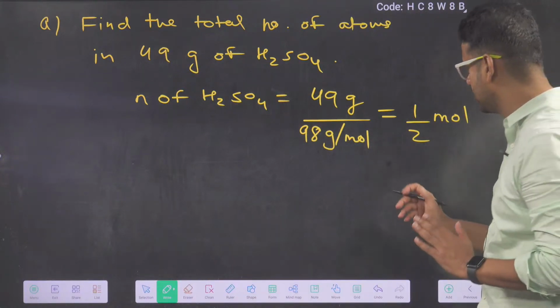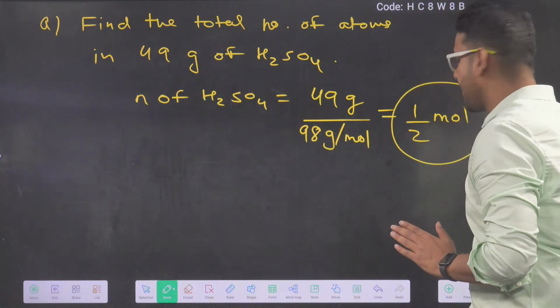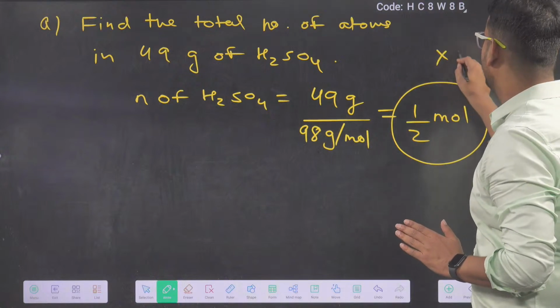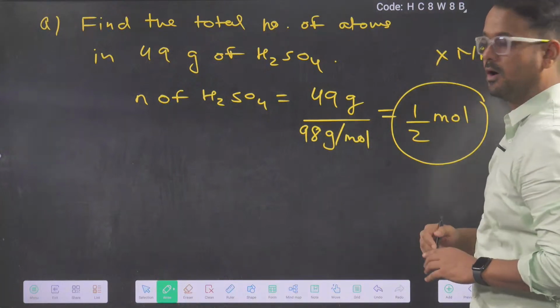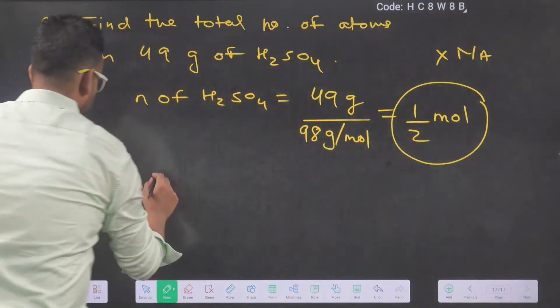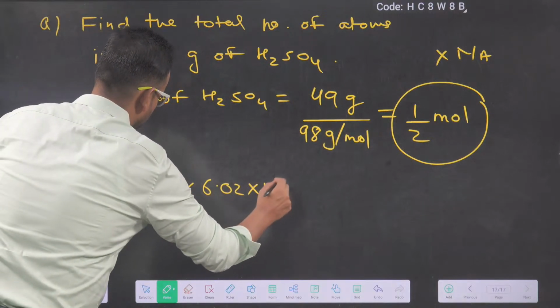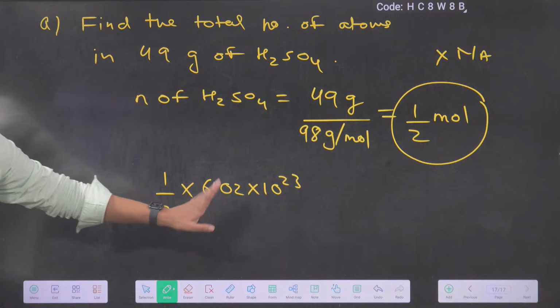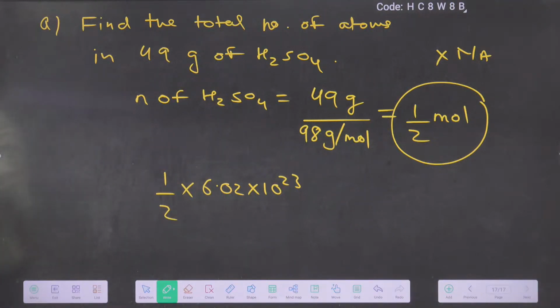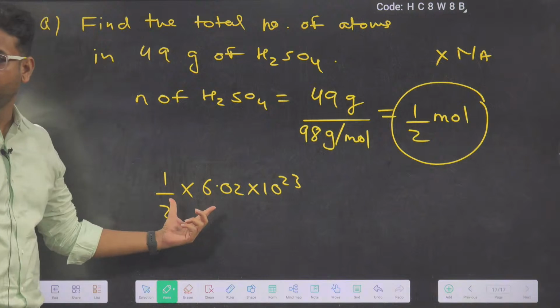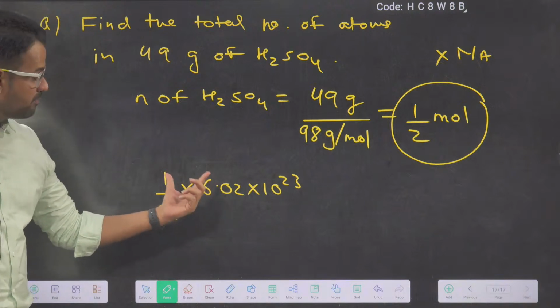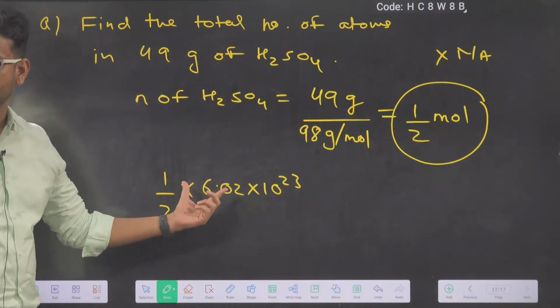Okay. Now, this half multiplied by Na will give me the number of atoms or the number of molecules?